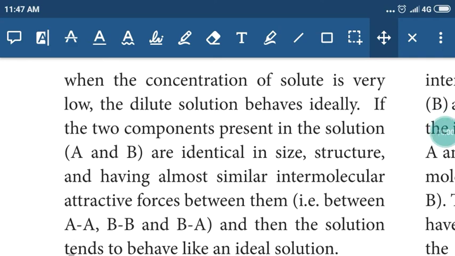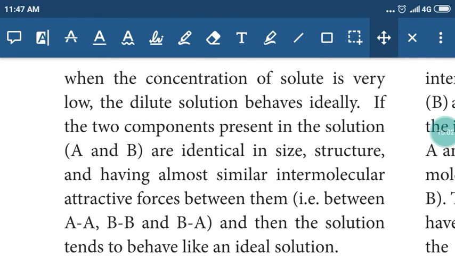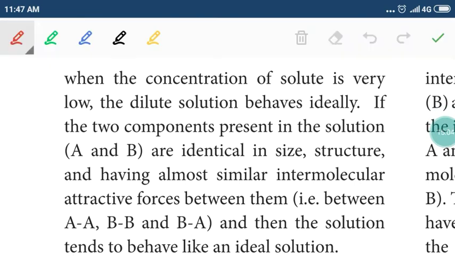Next, we have to know the conditions for a solution to behave as an ideal solution. First condition: when the concentration of solute is very low, then the dilute solution will behave as an ideal solution.